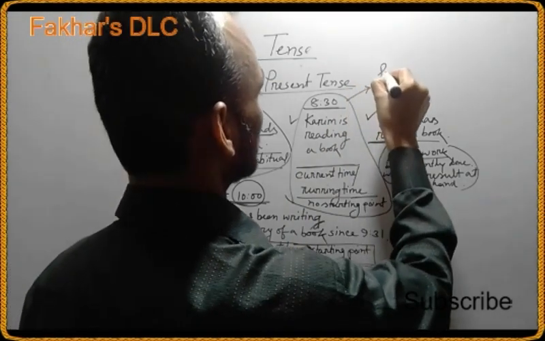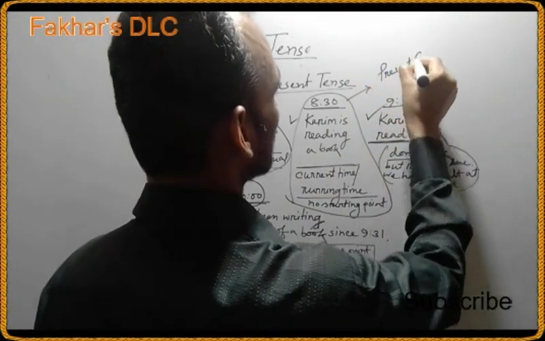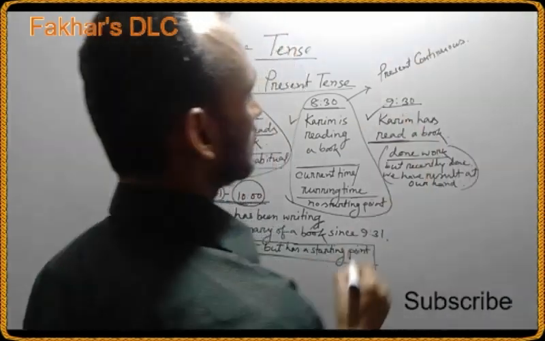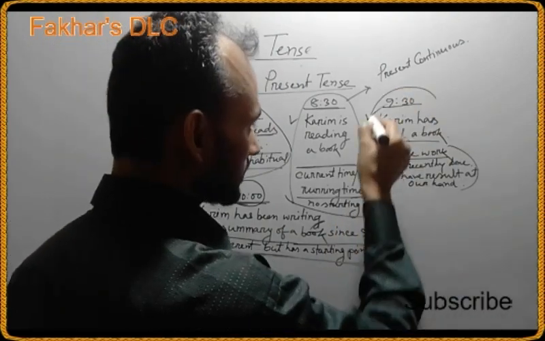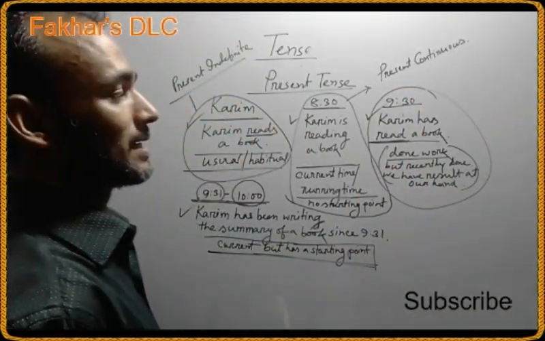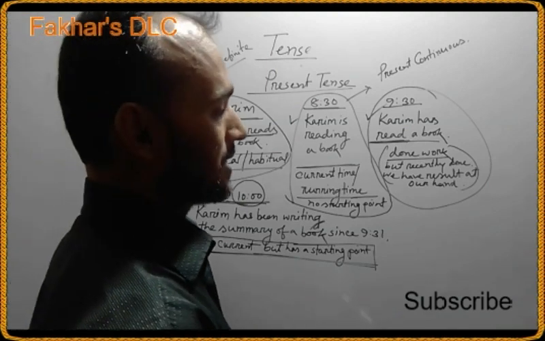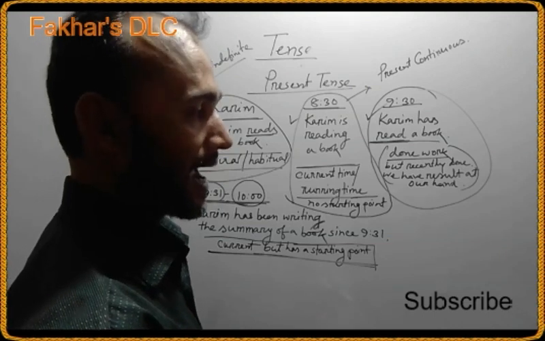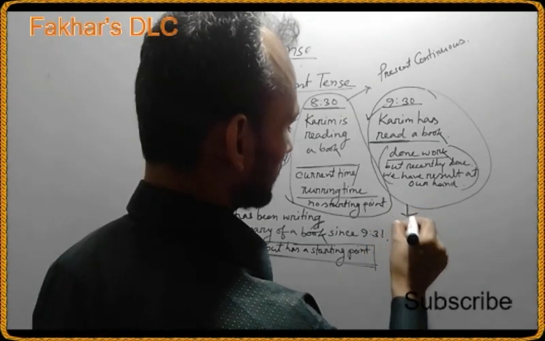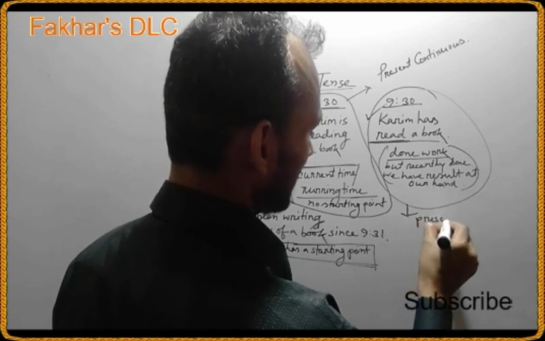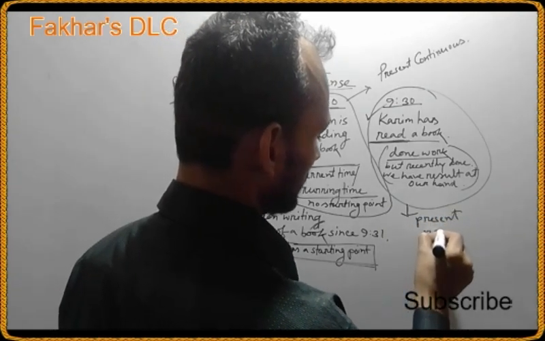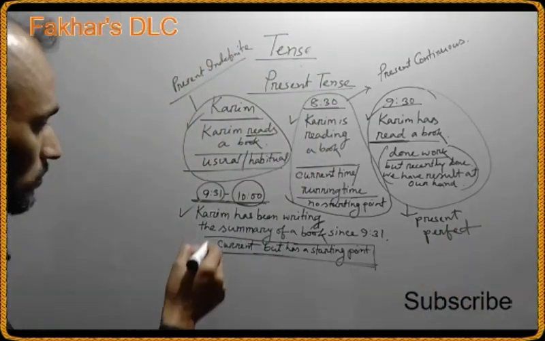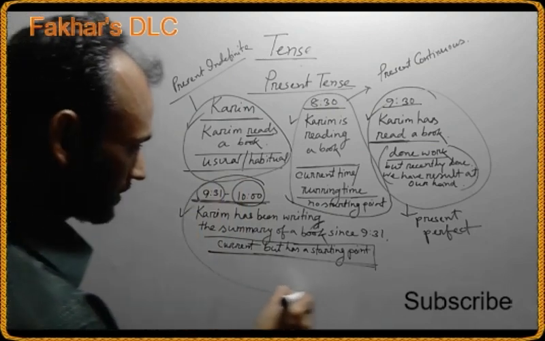This is present continuous. And this work has already been done. It is finished, but the result is at hand. This is called present perfect.